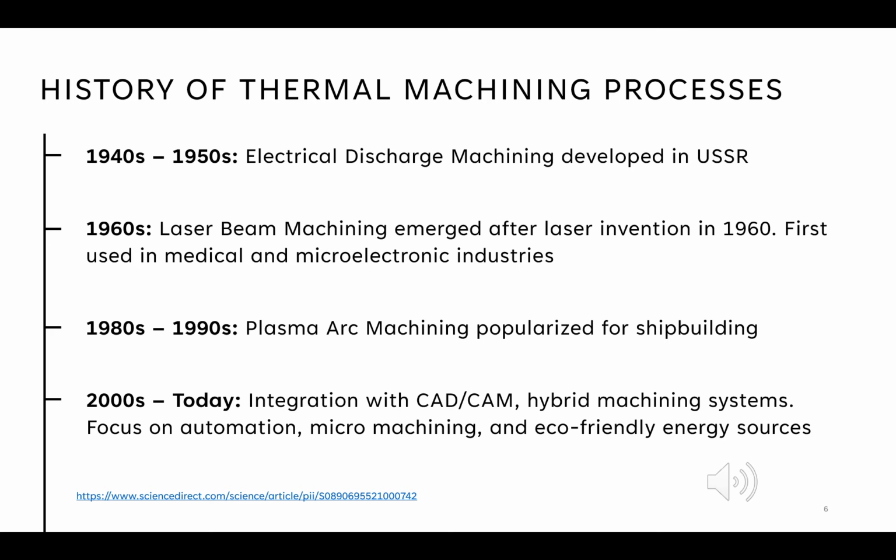Plasma arc machining followed and became popular in the heavy industrial sectors like shipbuilding. In recent decades, the rise of CNC automation, CAD/CAM integration, and AI-driven systems has pushed thermal machining into ultra-precise and efficient territory. These processes are now key in everything from aerospace to micro-scale medical tools.